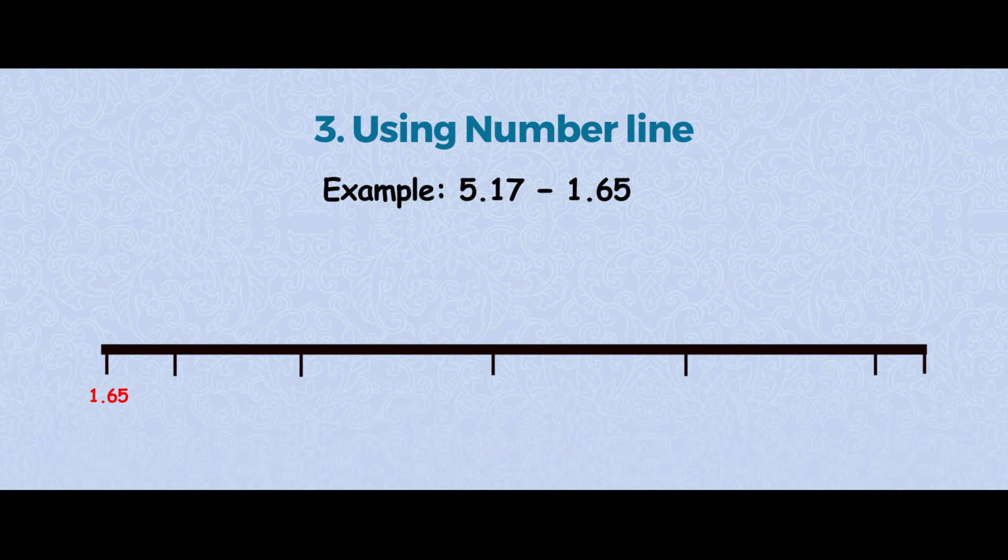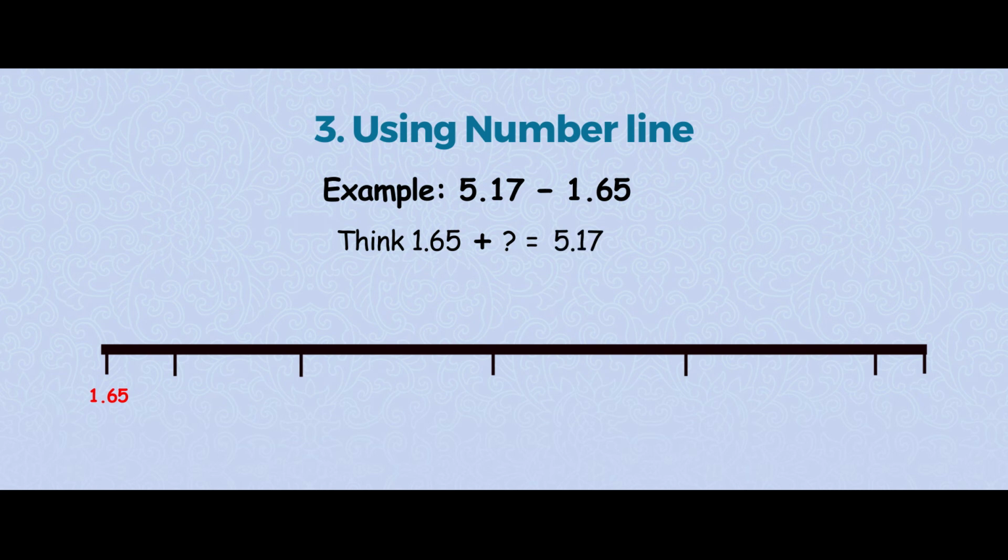So here, when you add numbers, you have to look at something. That is, 1.65 is the starting number. And when you add some numbers, you will reach a number that is very comfortable, so that the rest part of the journey from that number till 5.17 should be very comfortable for you to do.